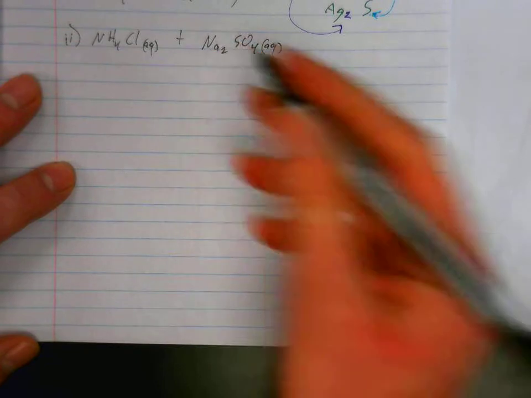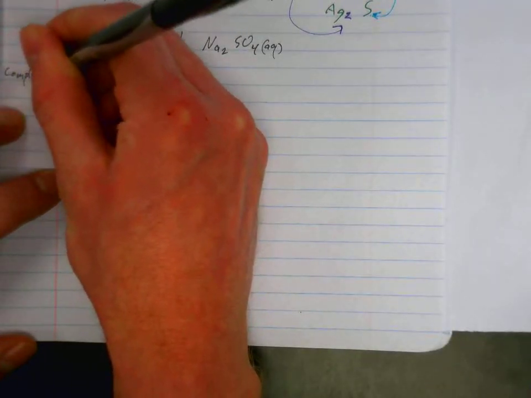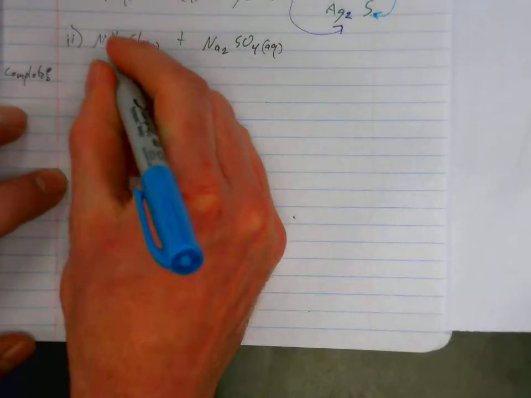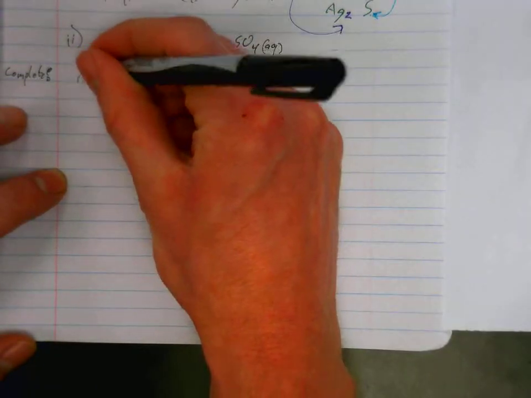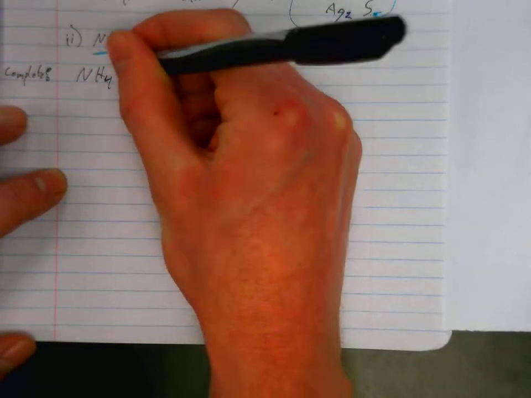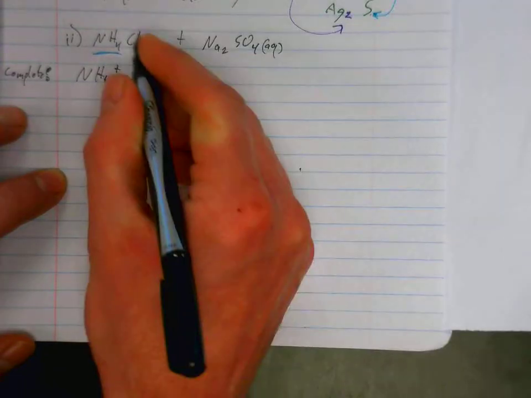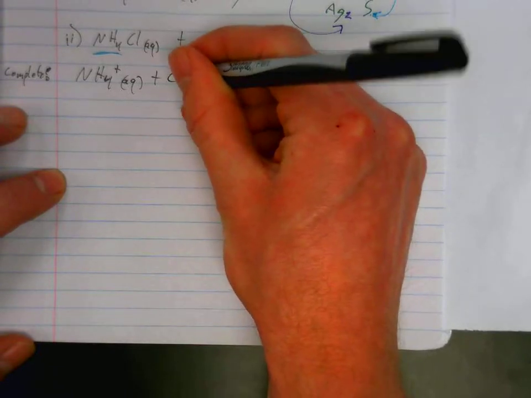So the complete ionic equation, we're going to show the ions that these separate into. Now NH4 is the polyatomic ion ammonium, and we have to remember that that is +1. So we have NH4 plus, and that's aqueous. And then we have chloride, that forms a -1 charge.